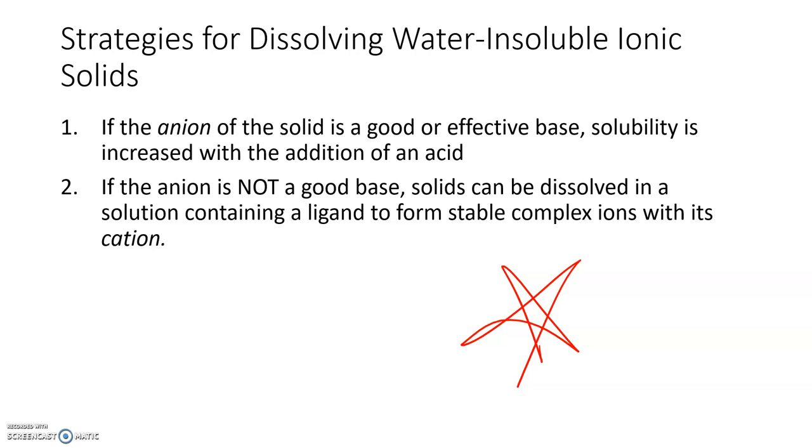If you remember from a couple videos ago, the effective bases that I mentioned were hydroxide, sulfide, carbonate, oxalate, and chromate. So all of those I mentioned to be effective bases, meaning they are the anion of a weak acid. And so if you have any solid that has those anions, if you add it to an acid, their solubility will be increased.